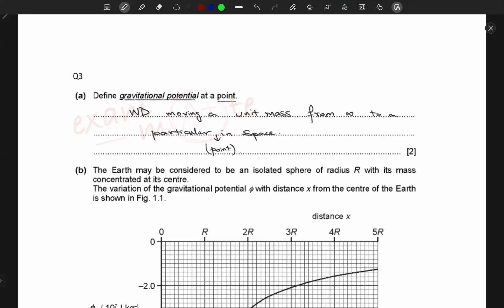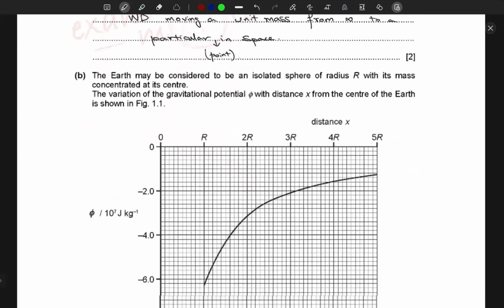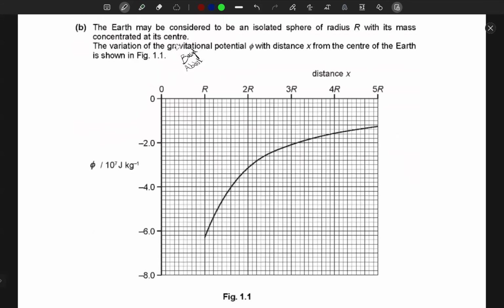You can assign this a specific field, gravitational field potential at a point in space. Okay, all right, so that was just the definition. Then you have: the Earth may be considered to be an isolated sphere of radius r with its mass concentrated at its center.